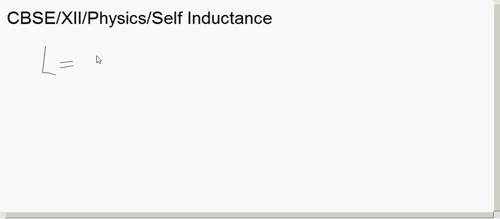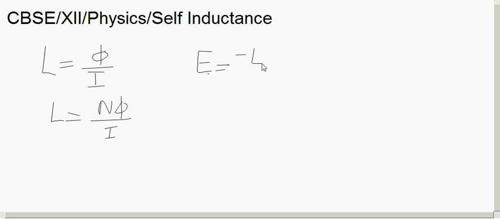L is phi by I, or if a coil has n number of turns, then L will become n phi by I. Also, we have seen that the induced EMF in the coil E is minus L into di by dt, where L is known as self-inductance.